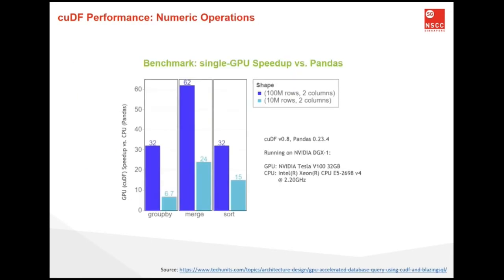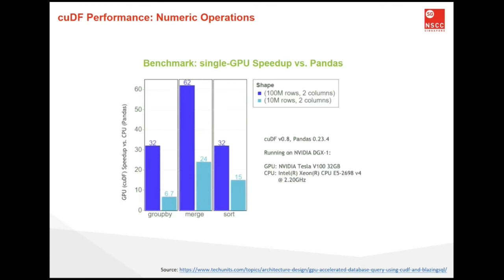This page shows the performance benchmarks for cuDF. This is a single GPU speedup compared to pandas, where all the bars are speedups of GPU versus CPU. And the dark blue are speedups for larger data frames, so 2 columns of 100 million rows versus 2 columns at 10 million rows.